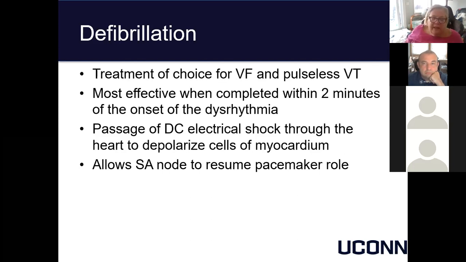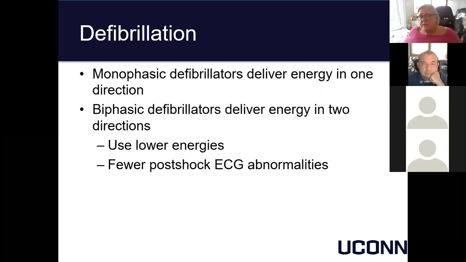In almost all cases, you start with a lower strength shock, a lower number of joules. Joules is how you measure the electrical shock you're giving, and you work your way up. If we know somebody is in AFib and is easy to cardiovert, they'll often start at 25 joules, maybe 50 joules. If they're unresponsive to that, you increase up to a maximum of 250 joules.